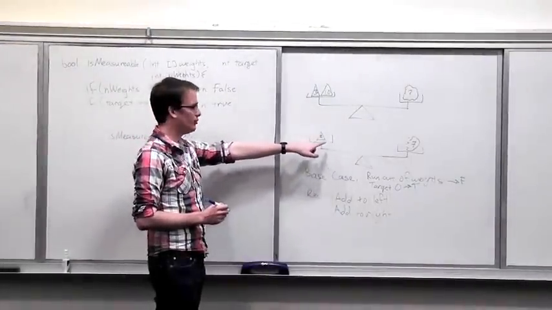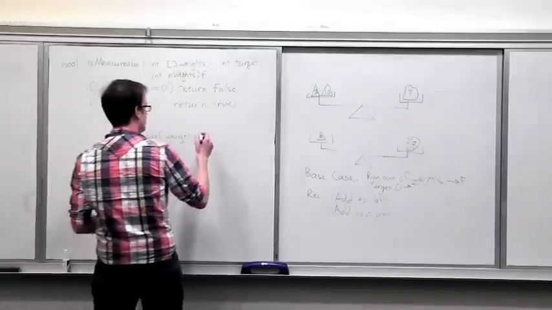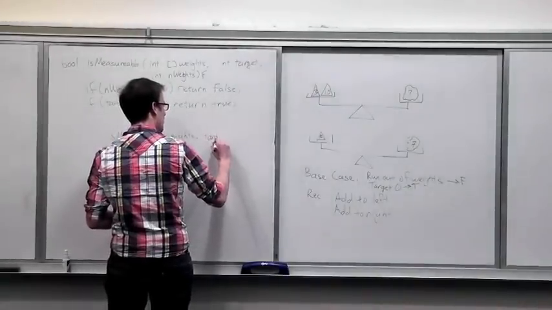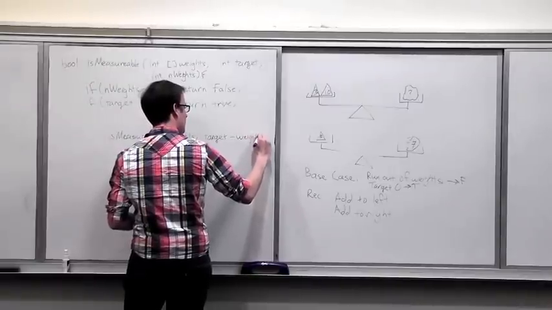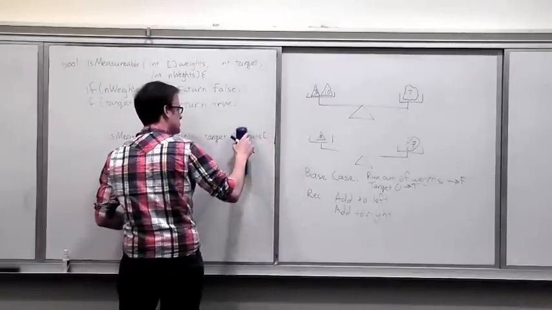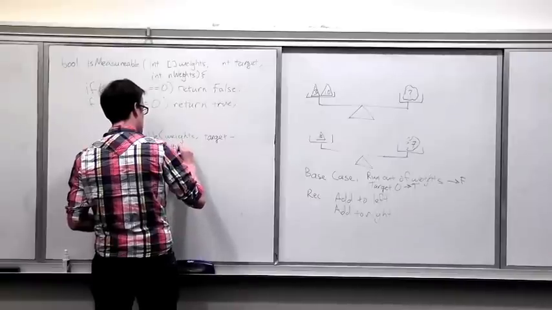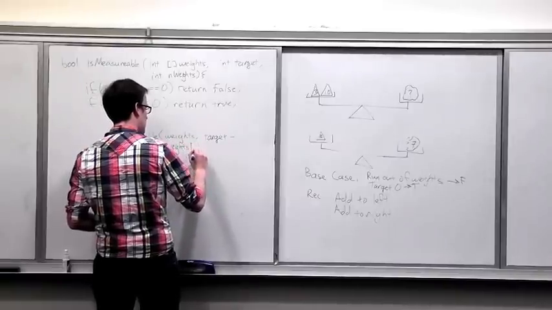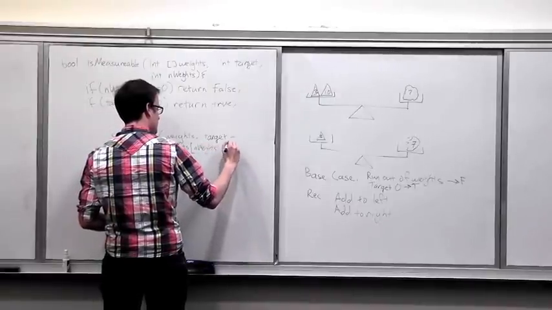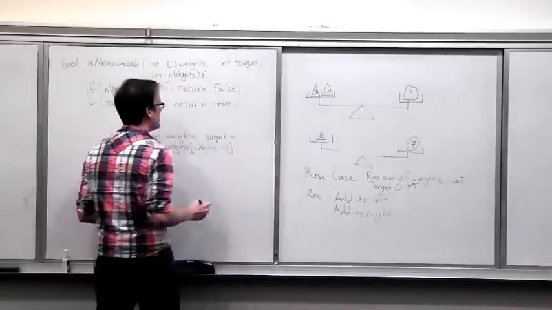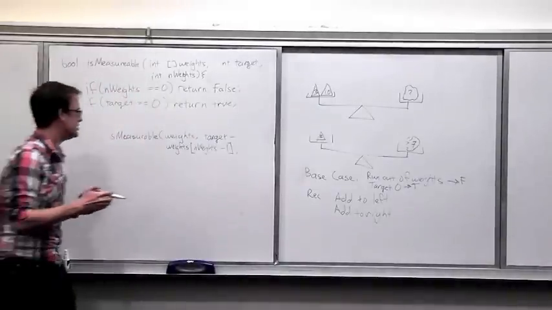As we can see from this example, when we put 3 on the left, our target, which was 7, now became 4. So target minus weights of, and you know what, let's put this on the next line here, a little easier to read. Weights of n weights minus 1. And then what do we pass in for n weights? N weights minus 1. Cool, awesome.